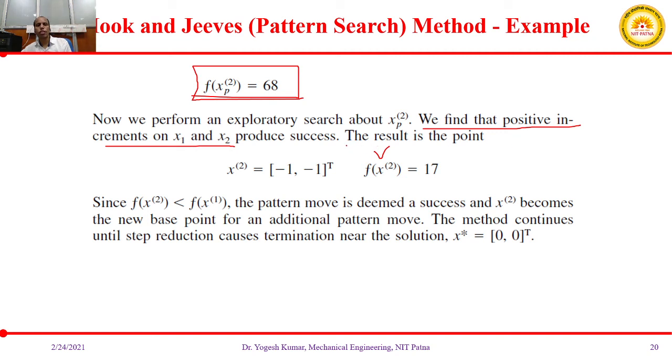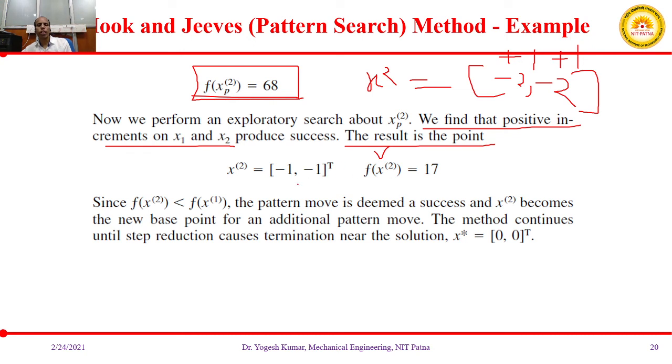Okay, so let us give some increment in the value corresponding to fx2. x2 was -2, -2. So if you give one increment in x1 and one increment in x2, this will become -1, -1.